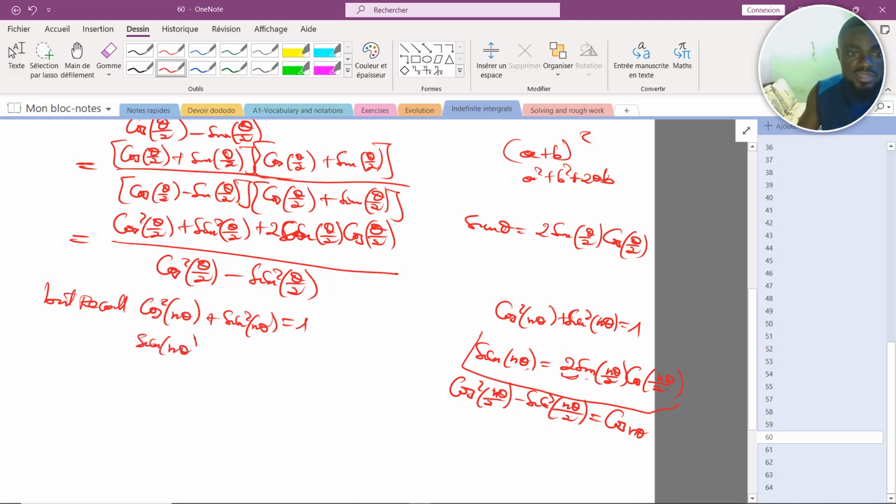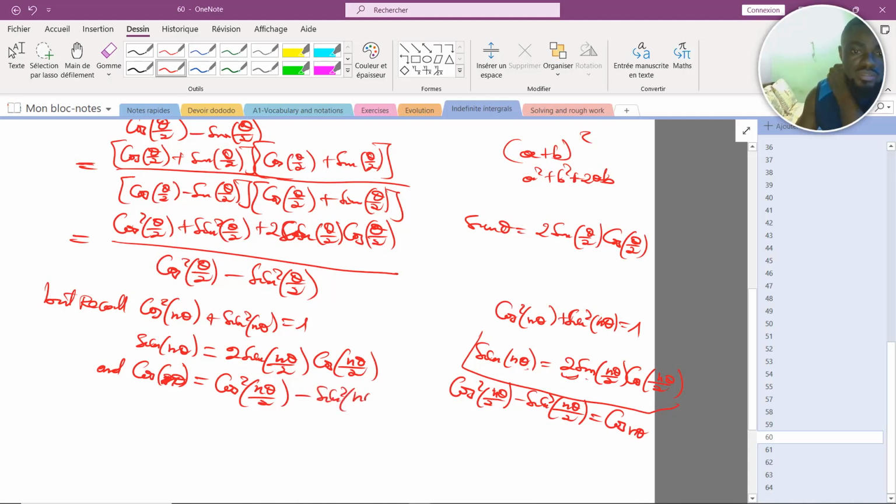Sine n theta is equal to what? 2 sine n theta on 2 cos n theta on 2, and cos n theta is equal to cos square n theta on 2 minus sine square n theta on 2.